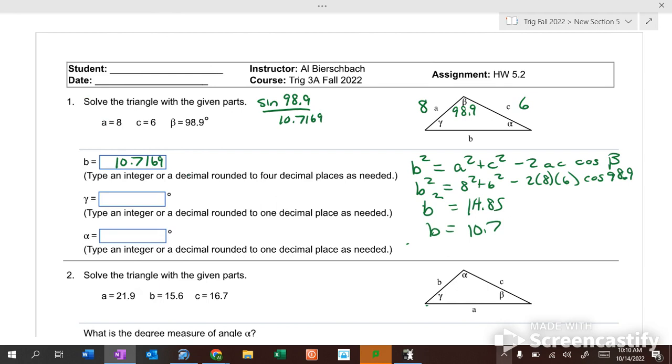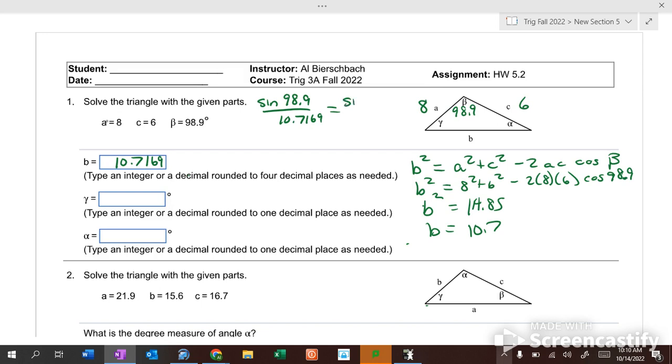Why do they say 4 decimal places instead of just 1 decimal place like the other ones? Because when you're rounding in the middle of a problem to find other angles, if you round too little, that could throw your answer off with the sines. Okay, it can make a big difference in your answers.